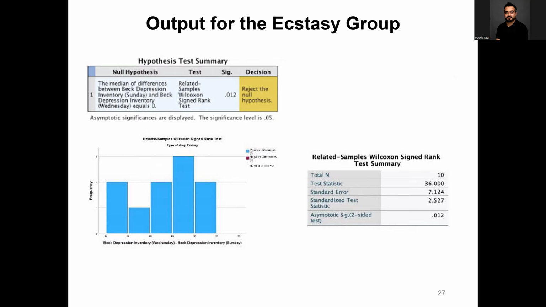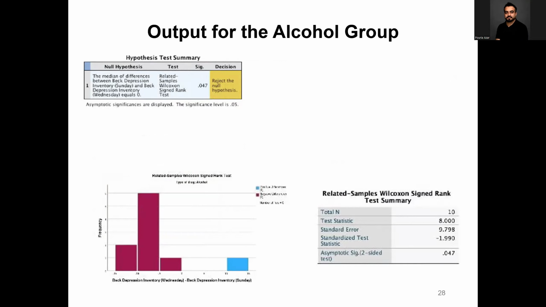I have the standard error. The standardized test statistic is my z-score, and then I have the p-value, which is 0.012. It is less than 0.05, so it is significant. So there is a significant difference between depression scores on Sunday and Wednesday for alcohol users.